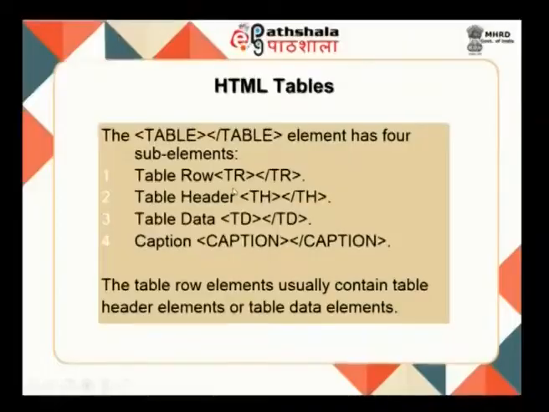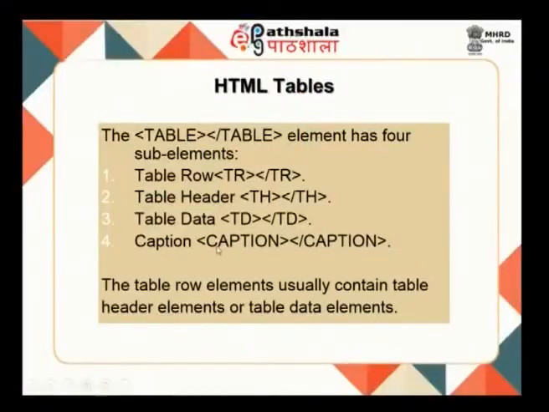The row would be normally defined with a tag called tr and it has an equivalent closing tag, and the table header will start with the th tag and it ends with a th tag, and data would be put in a tag called td and it has a closing tag, and normally you can give a caption for the table. So, the tag for giving a caption for the table is a caption tag, and this table row normally contains header elements and data elements.